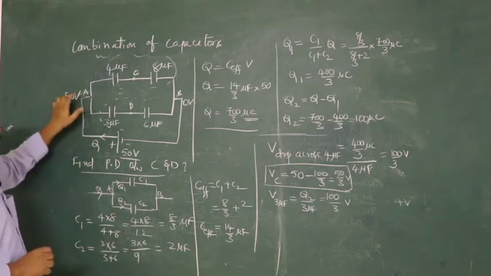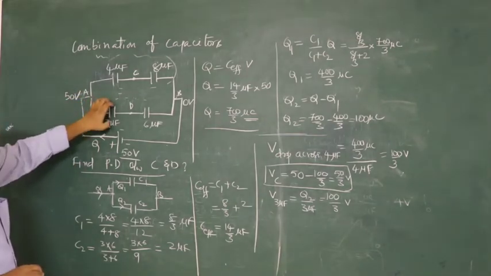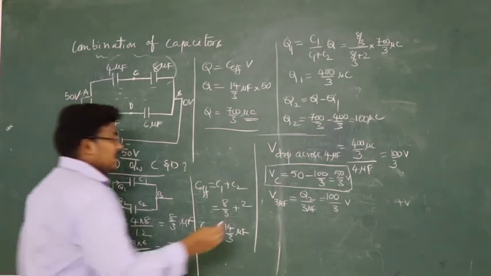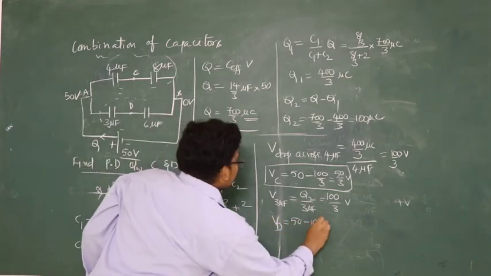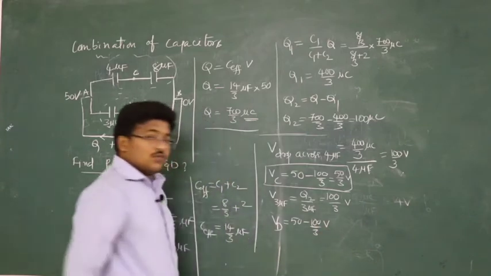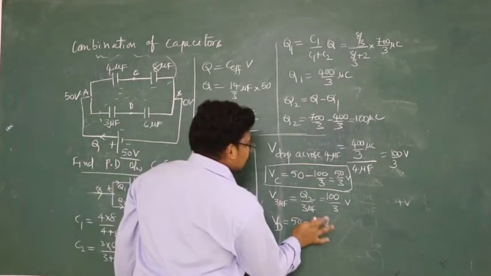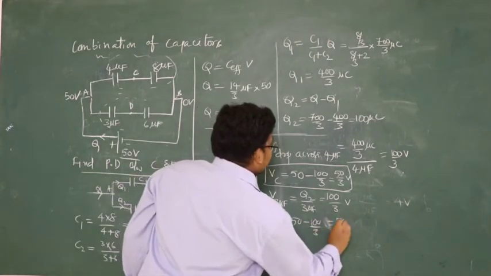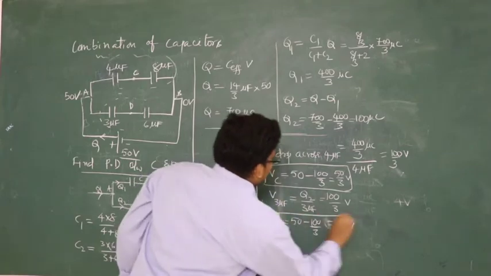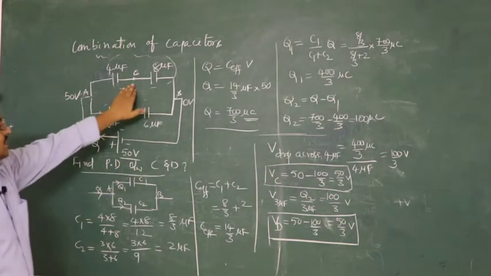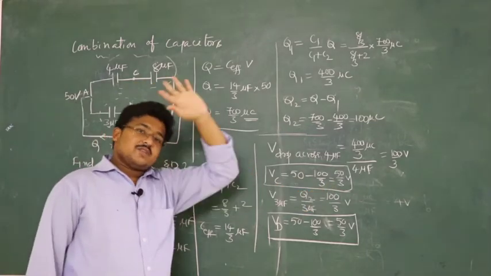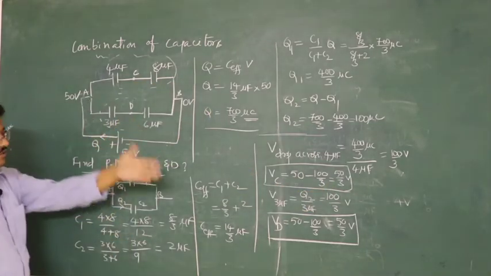Now out of the 50, something is dropped and left at B, D. So what is the VD? VD will be 50 minus 100 by 3 volts, which also called as 50 by 3 volts. Now can I say that at C, what is the voltage there? 50 by 3. And at D, 50 by 3.